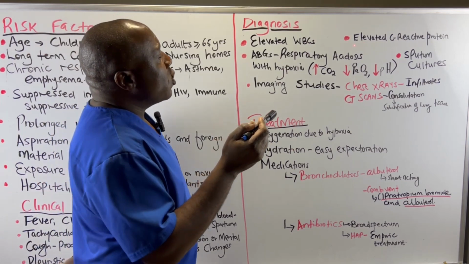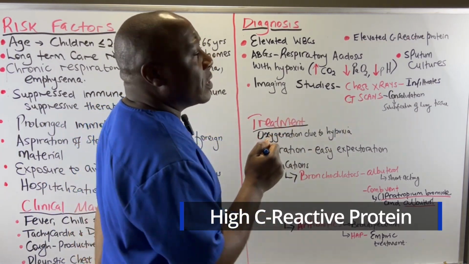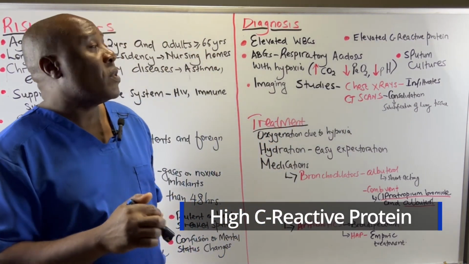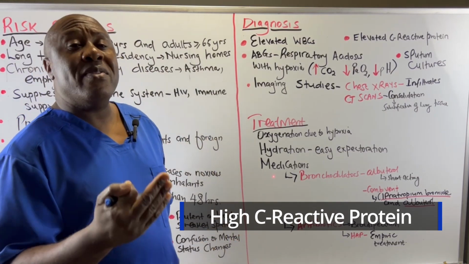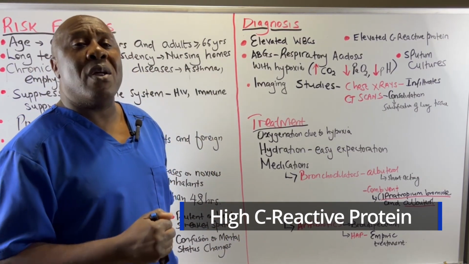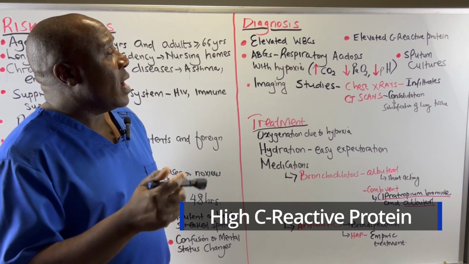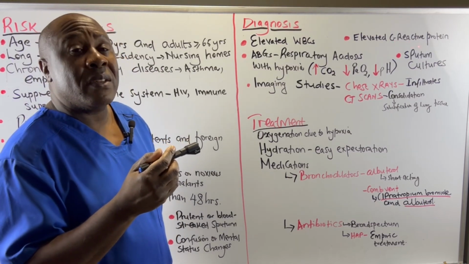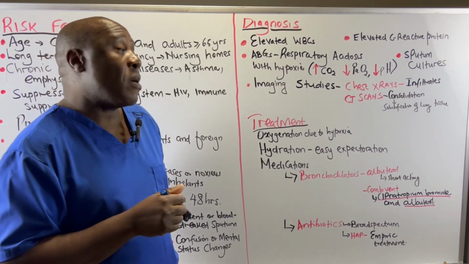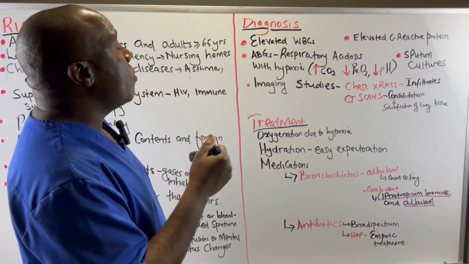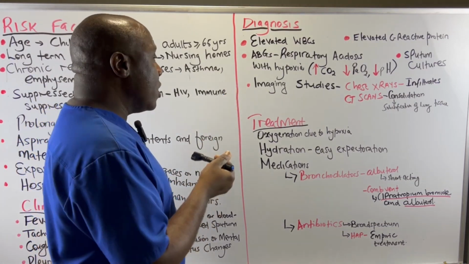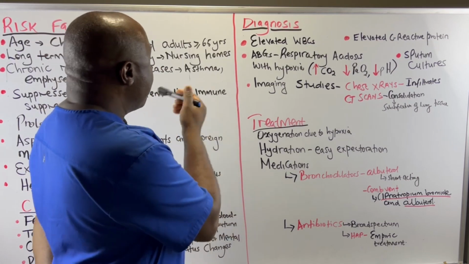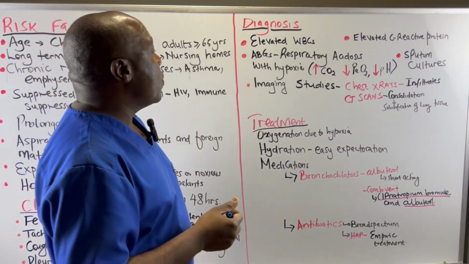And then we also have elevated C-reactive protein. C-reactive protein is a protein which is produced by the liver when we have inflammation in our bodies. So elevated C-reactive protein is an indication that there is inflammation going on, and that could be pneumonia if it is accompanied by these other signs that we have seen.